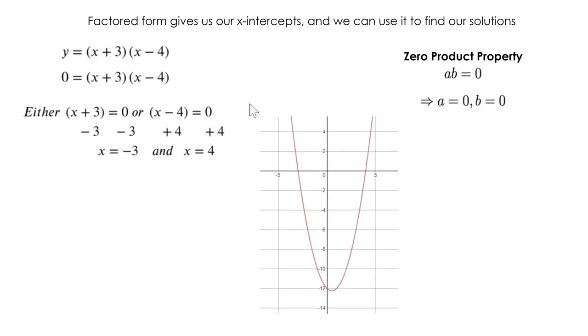So now, if we graph that equation, you can see that we have an intercept at +4 and -3. And you can see that relationship: when our factored form is x plus 3 and x minus 4, we're going to have solutions of -3 and +4 because each of those needs to equal 0.